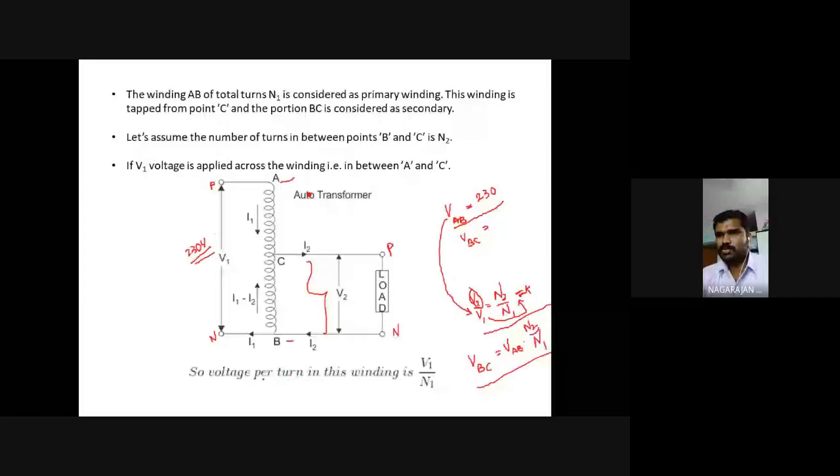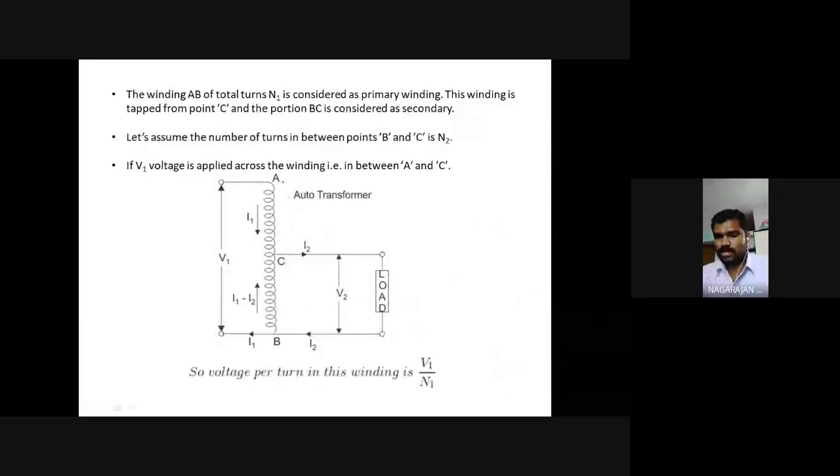Before going to that, I should measure voltage across each turn. So for example, let us take the same example. We have the number of turns across A and B terminals as 230. So n means number of turns. Okay.